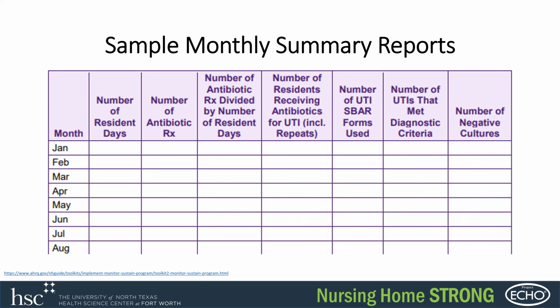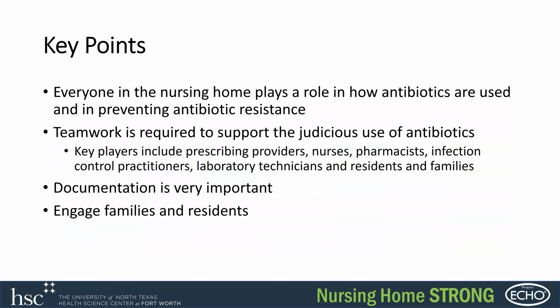Basically, the key elements here are to be able to see a month-by-month comparison. So you want to look at totals over time. You want to make sure that your program team can assess if the usage of antibiotics is increasing, decreasing, or staying the same. Again, this gives your team a really great way to measure your progress. Okay, so let's go ahead and go to the next slide.